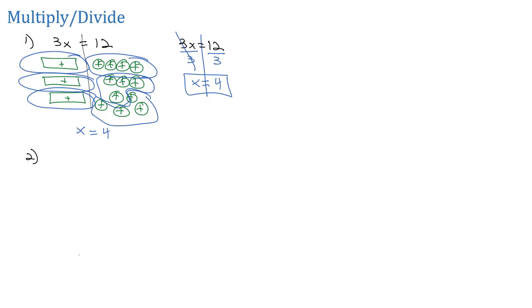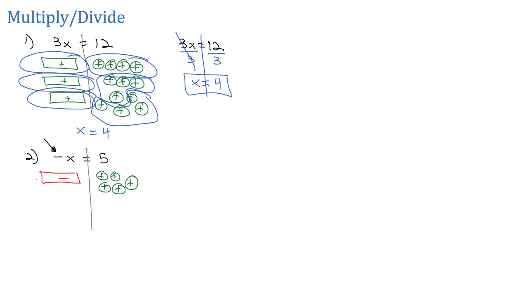Another thing that we can do is we can see negative x is equal to a number like 5. If I balance on the equal sign, a negative x is represented with a negative strip. And then we've got 5 positives on the other side. What we're going to do is we know negative means the opposite.